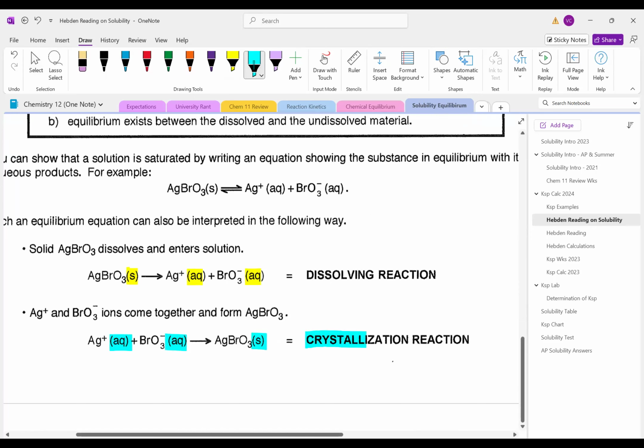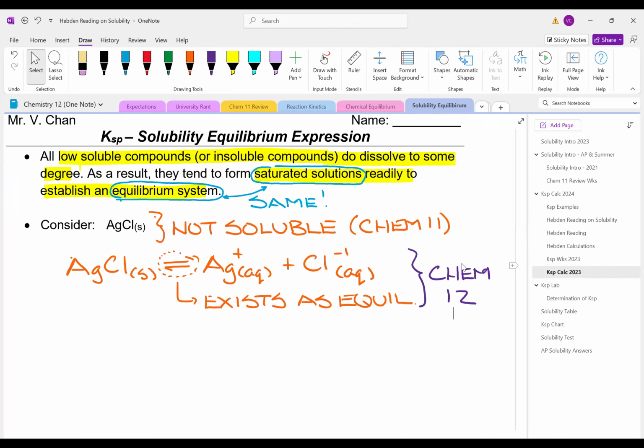This is called crystallization, and a solid going into ions is called dissolving. So when we have equilibrium, the rate at which it breaks apart into ions, or dissolving, is equal to the rate at which the ions form a solid, called crystallization or solidification.